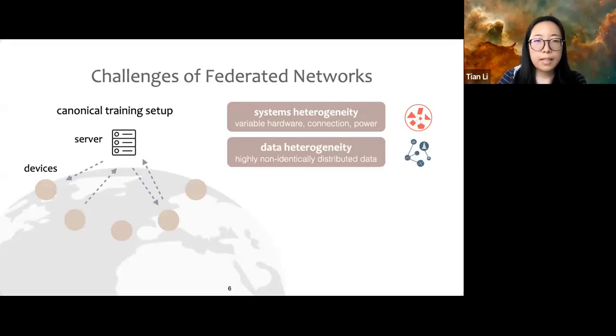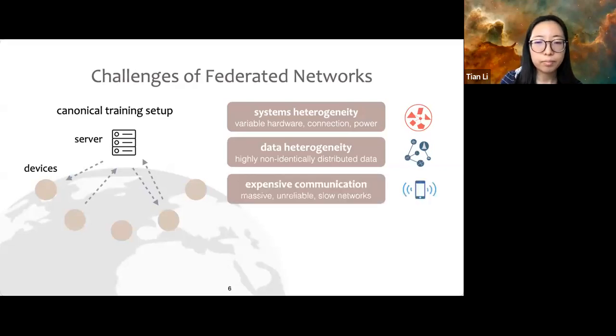Then each device generates local data following a local distribution, which can be very different from each other. So user data are not identically distributed. You can imagine that different users may use their phones in different styles. This data heterogeneity issue can affect the training pipeline a lot.